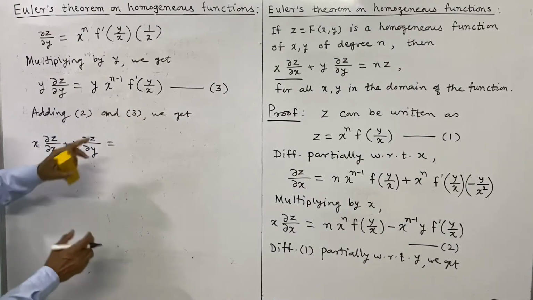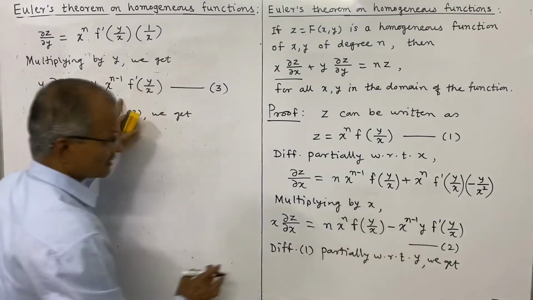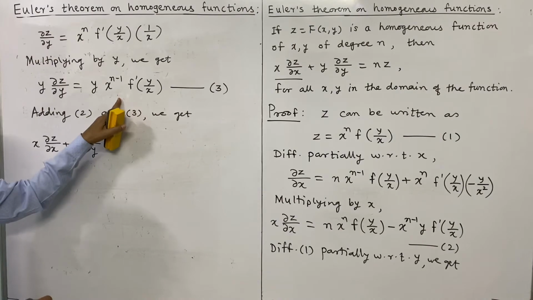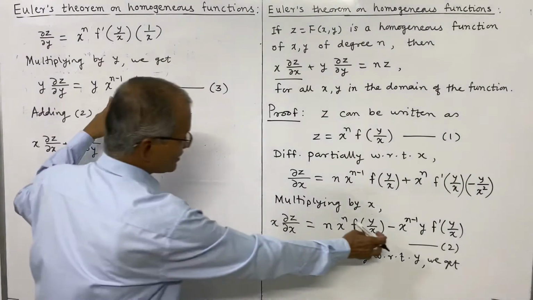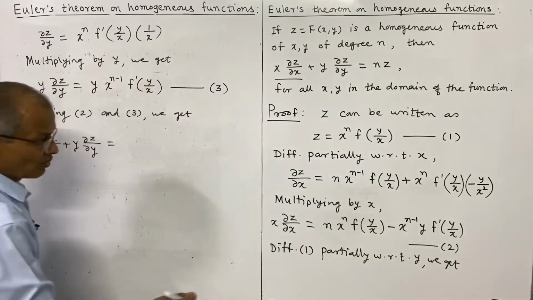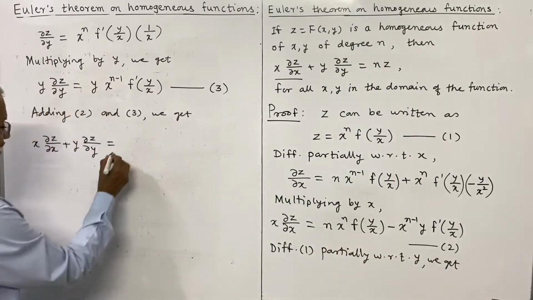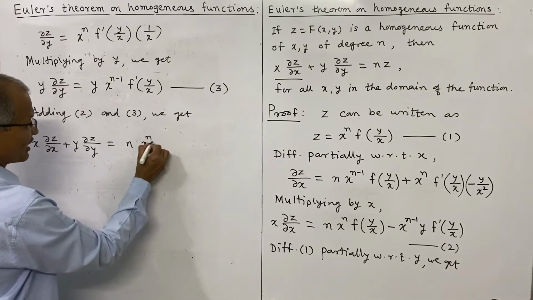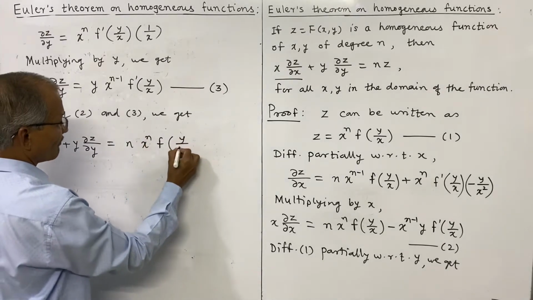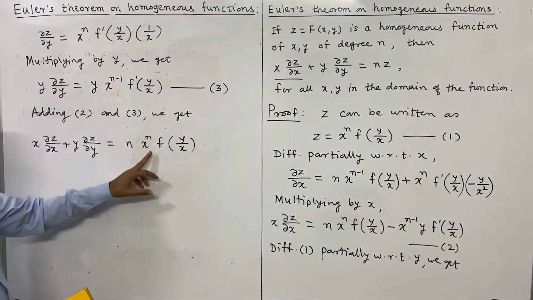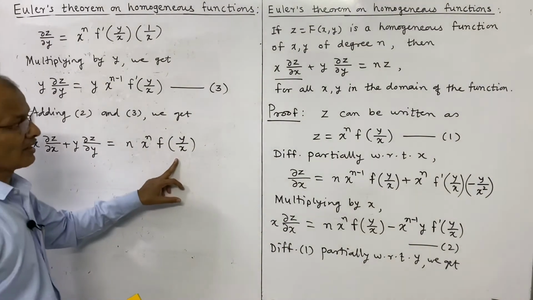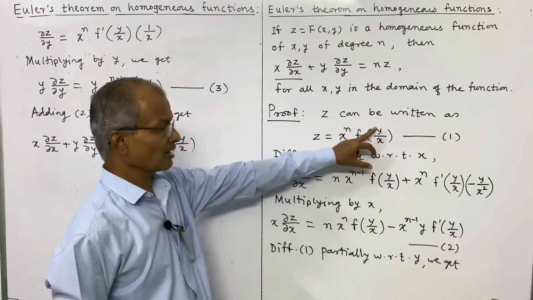In addition, these two terms get cancelled. They are of opposite sign. Here it is plus and here it is minus. So the sum is 0 and only this remains, that is n into x power n f of y upon x. And you see, what is x to the power n f of y upon x?